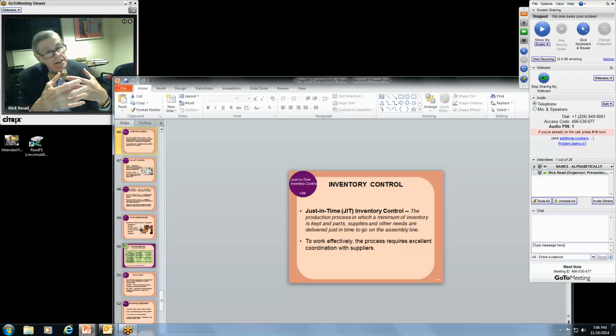The big key here is that the manufacturer and the supplier have to have a good relationship. It's kind of like the manufacturer telling the supplier, I'm going to use these things and I want to do business with you, if you're going to give me a quality product and you're going to get the product here when I need it.